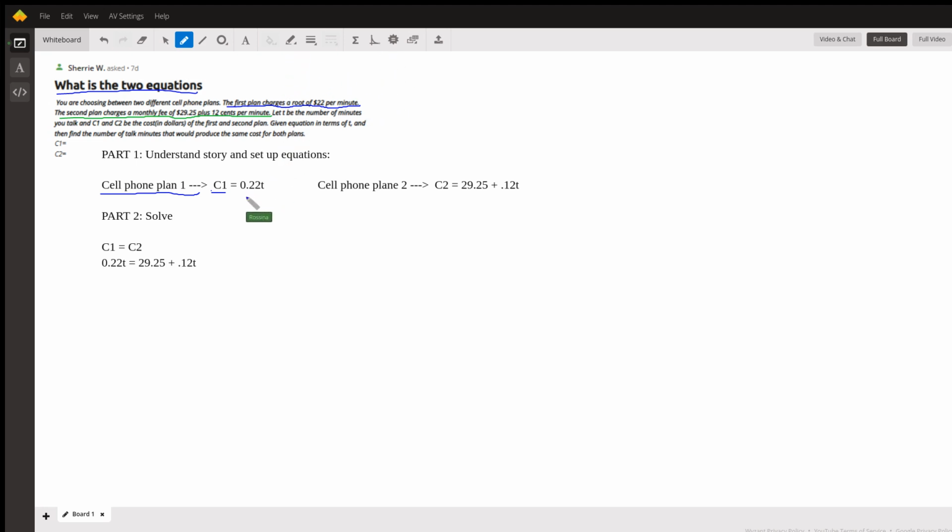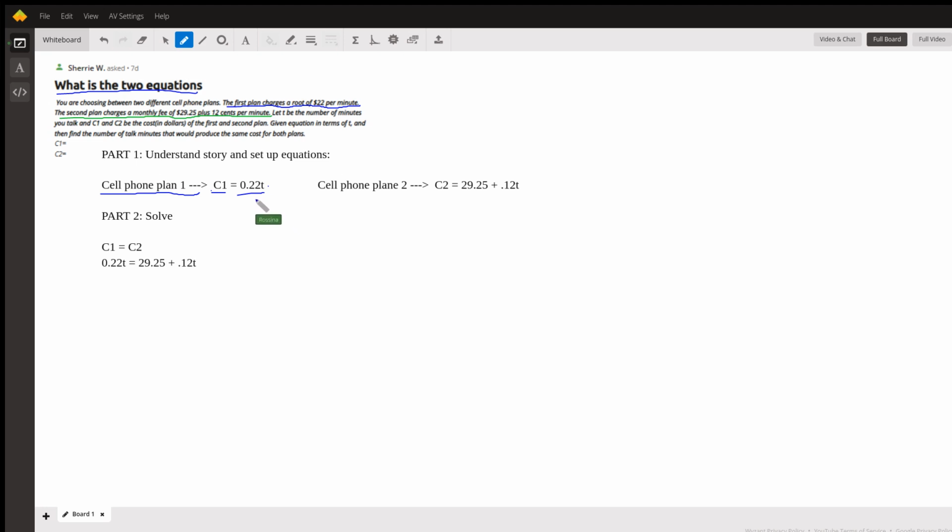It's 22 cents per minute. So why am I multiplying 22 cents times t? Well, if you think about it, I'm sure you're familiar with how we write dollars and cents. 22 cents would be written as 0.22 and next to the t, because we're going to multiply the number of minutes by the cost for each minute.